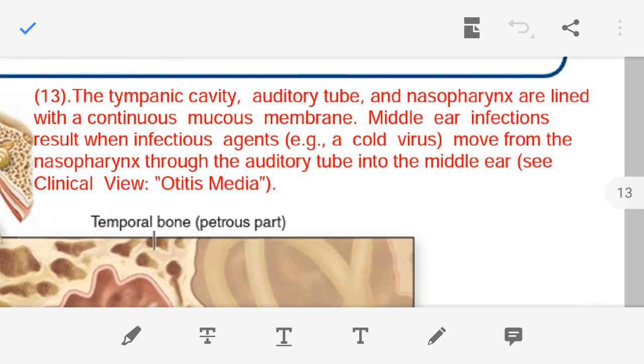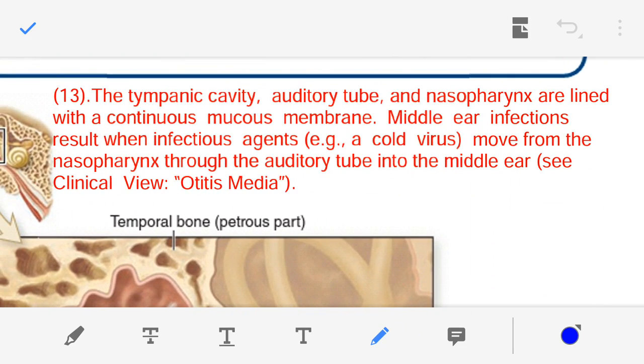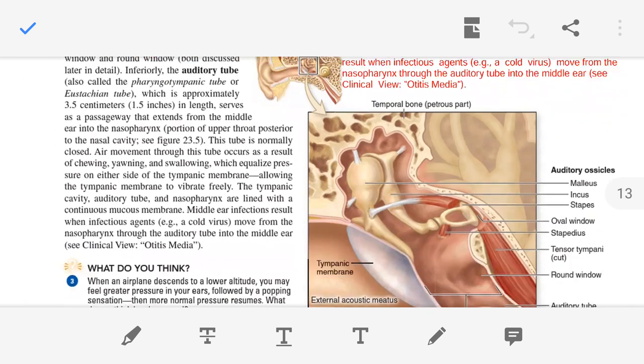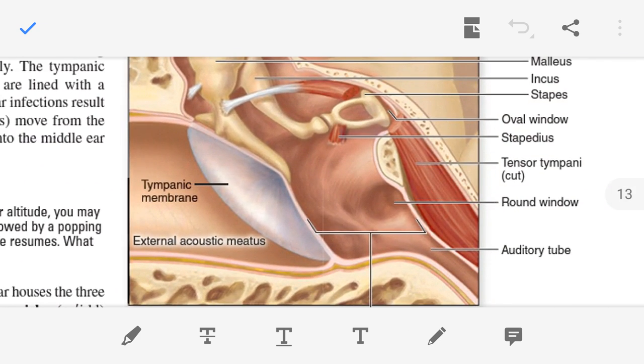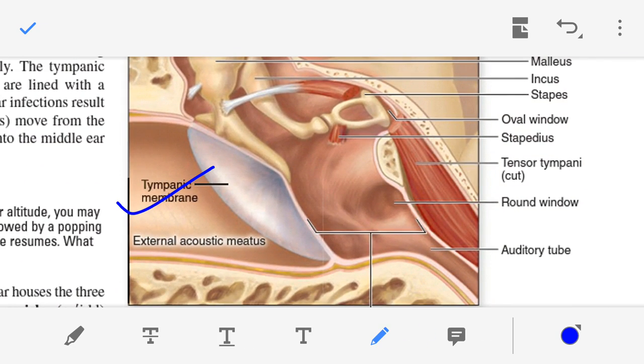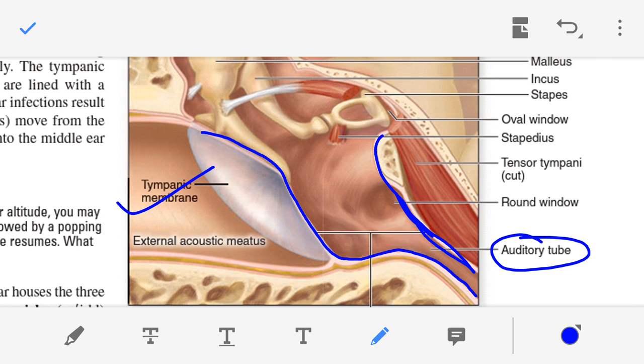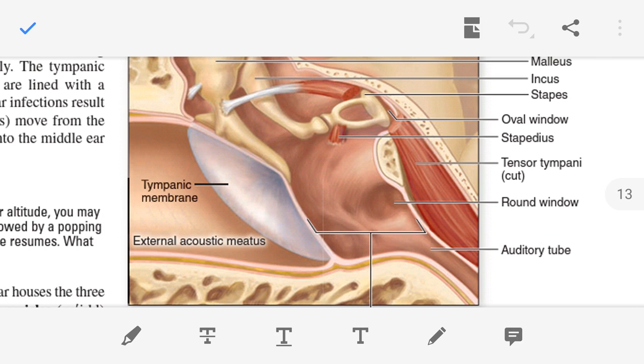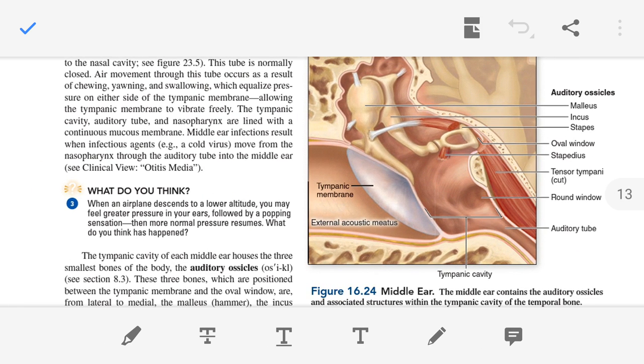Now, the tympanic cavity, auditory tube, and nasopharynx are lined inside by a continuous mucous membrane. This is the tympanic cavity, auditory tube, and this lining has a mucous membrane.